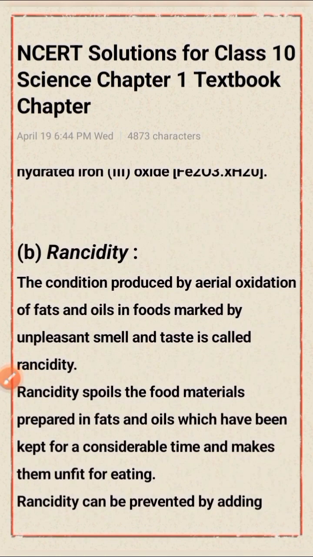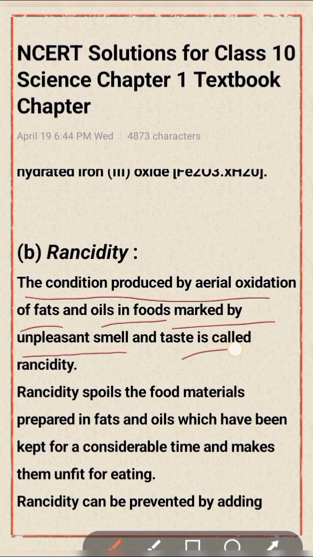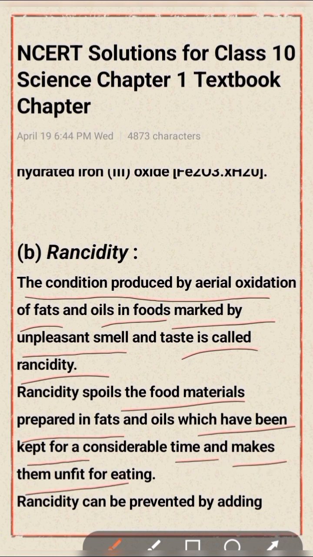Next part, rancidity. The condition produced by aerial oxidation of fats and oils in foods, marked by unpleasant smell and taste, is called rancidity. Rancidity spoils food materials prepared in fats and oils which have been kept for a considerable time and makes them unfit for eating, that is not suitable for eating.